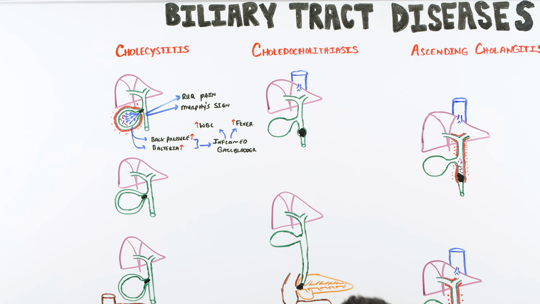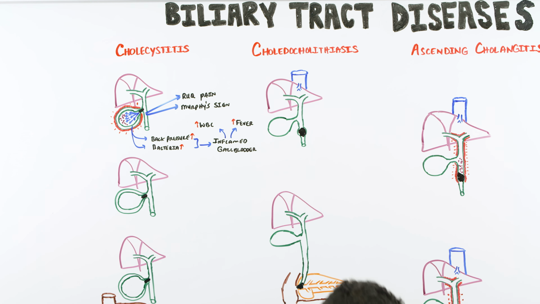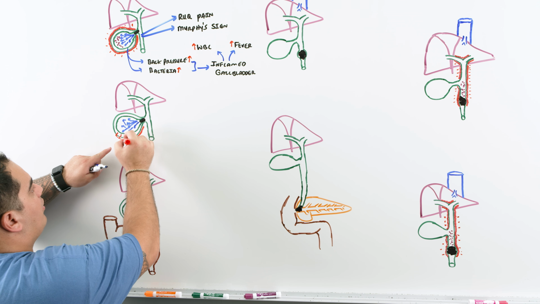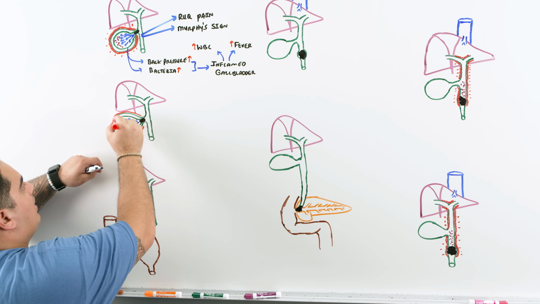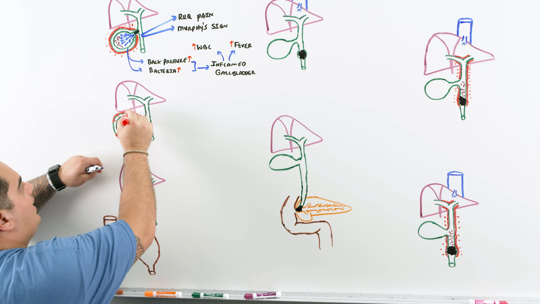So this next component is when the back pressure is so high that the intraluminal pressure starts squeezing on the gallbladder wall. I talked about this a little bit before. Imagine here's some arteries, and these arteries are going to be supplying the gallbladder. There's also veins and some other associated stuff.